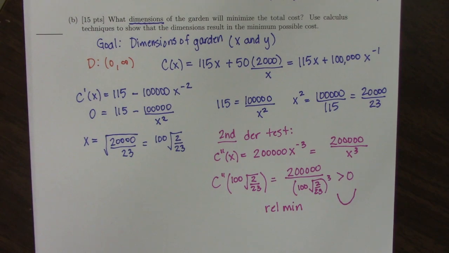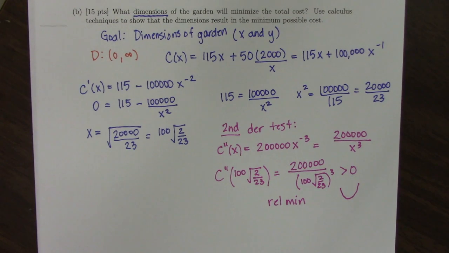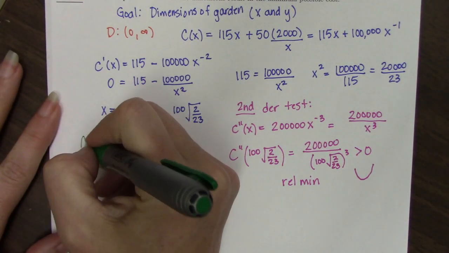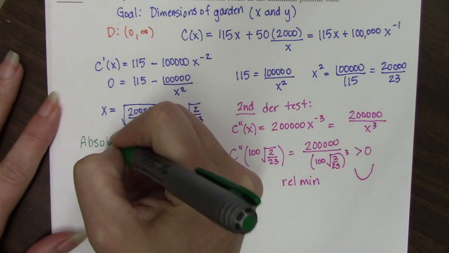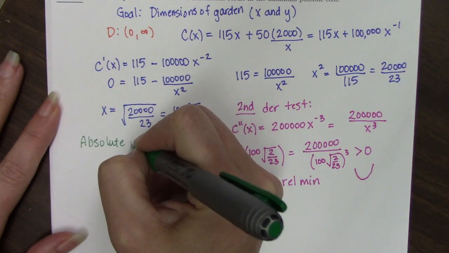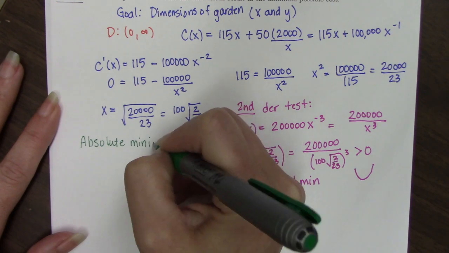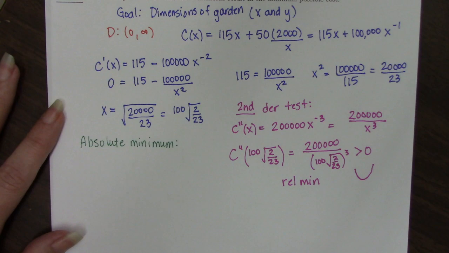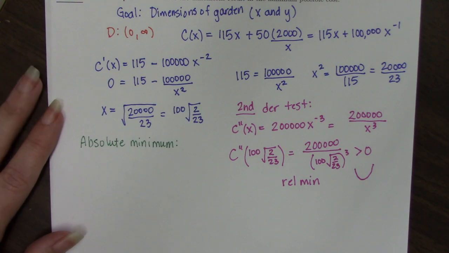Now, this is a great thing to be able to cite because we also then have to verify that it's an absolute extrema. So we have to make sure that we now know this is an absolute minimum. One way you could do this is look at limits and test the end behavior of the original function.